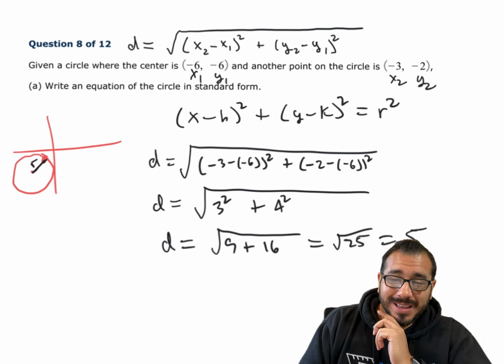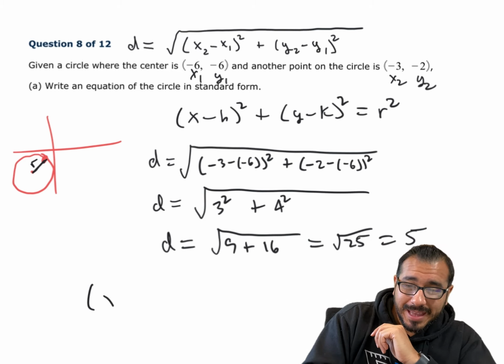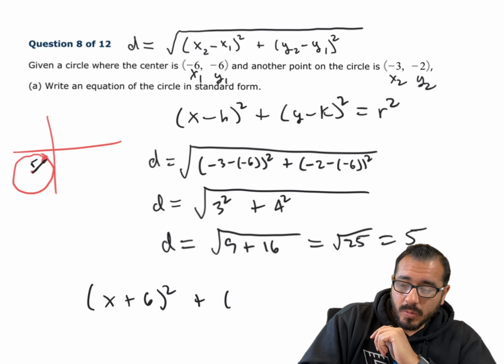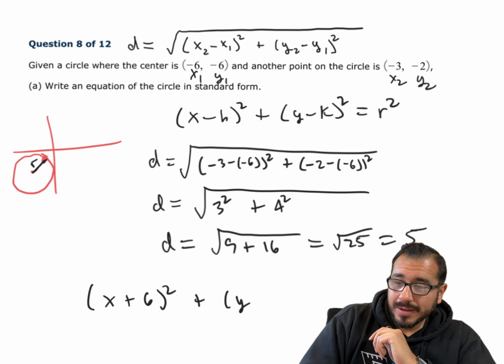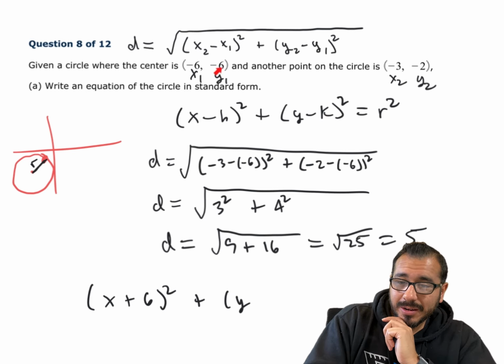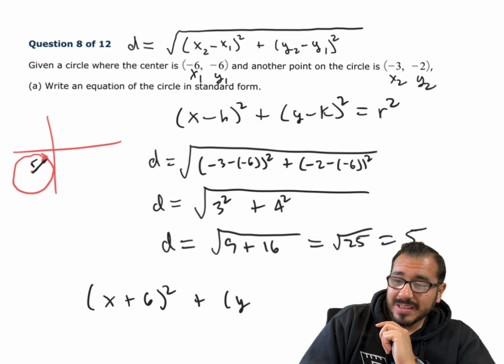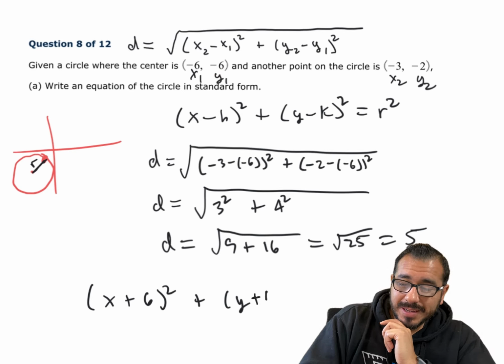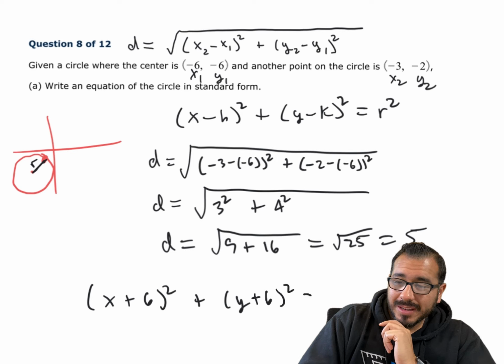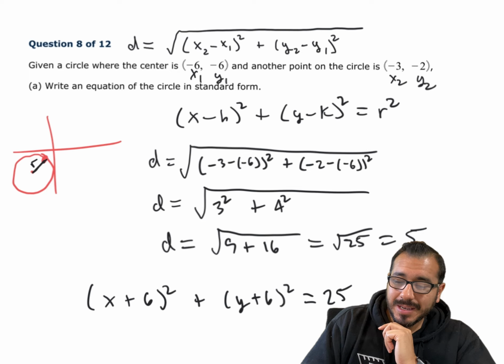So let's go ahead and plug everything in. So we got x minus our center, so we got x plus 6 squared, plus we got y minus our y value of our center. So that's going to change our sign. So we're going to have y plus 6 squared, and that equals 5 squared, which is 25.